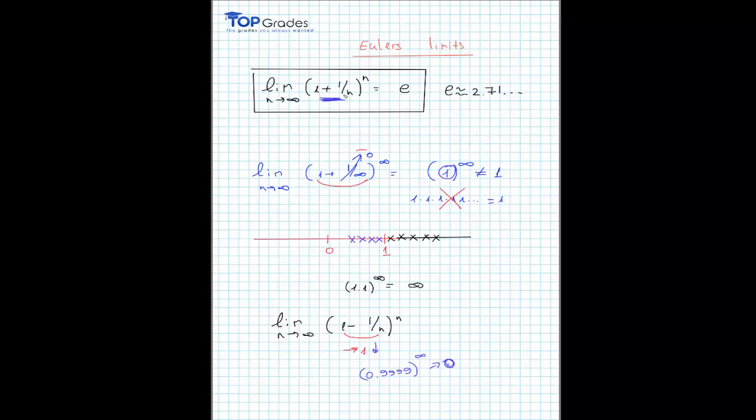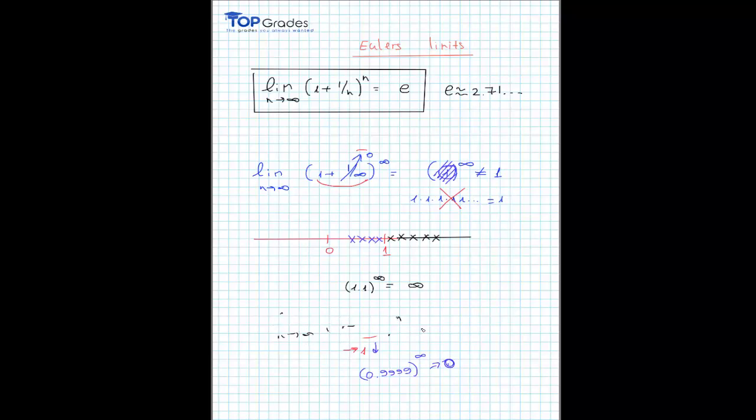So there must be some middle number between 0 and infinity, and this number is e. It was a really intuitive explanation, not a mathematical proof, but it can help you remember that 1 in the power of infinity equals 1 only if the number here is exactly 1 and not approaching 1.